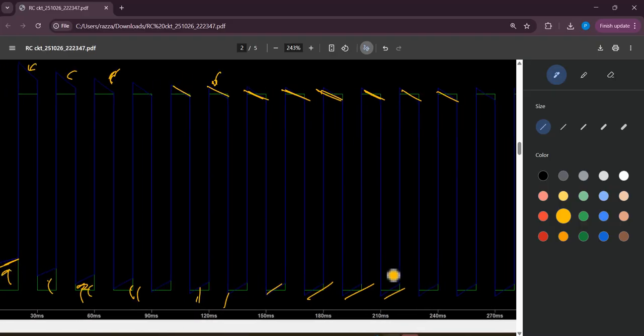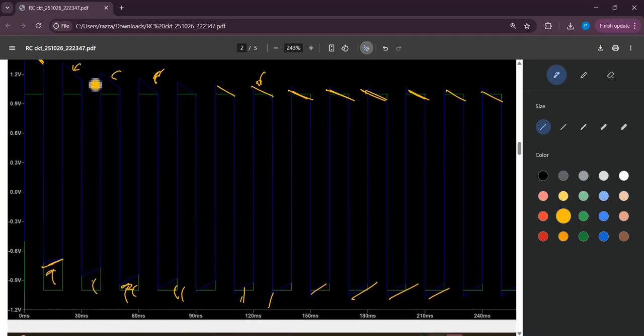And we also calculate the ripple. If we see, this is 1 volt, and the ripple voltage is like this, and here it is less than 0.9 volt, and we see in the waveform that the ripple voltage is 0.25 volt.